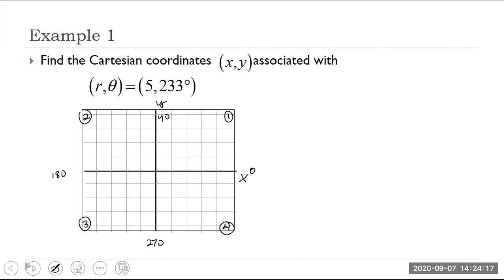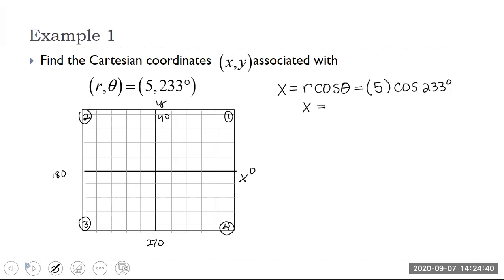That tells us something about the sign of the coordinates x and y. So let's go ahead and calculate these. x is just r times cosine of the angle. My r value is 5, and I have an angle of 233 degrees.